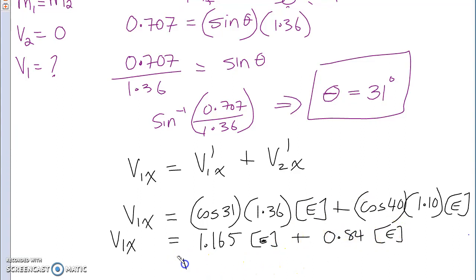Add the two together and you get a v1x of exactly 2.0 meters per second. So the ball was traveling at 2.0 meters per second before the collision.